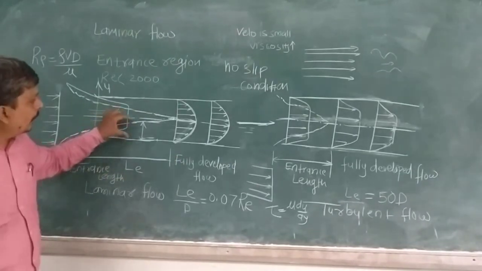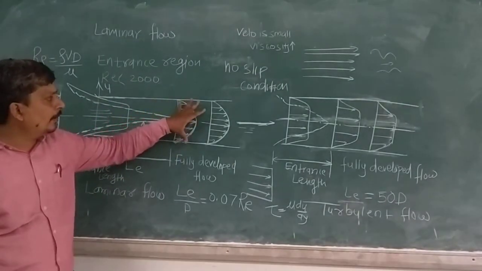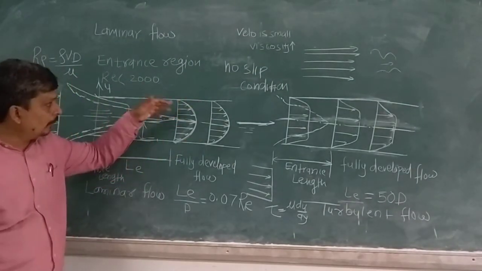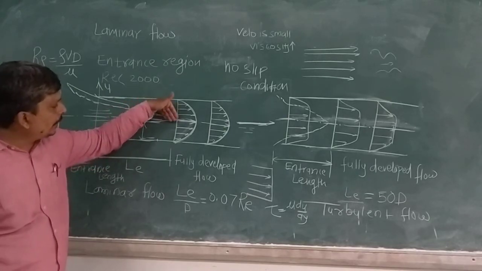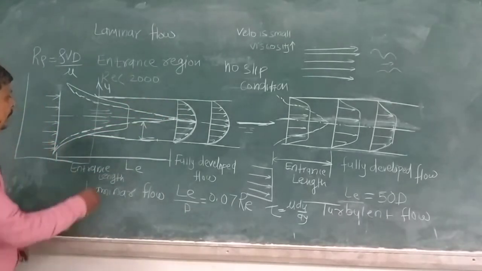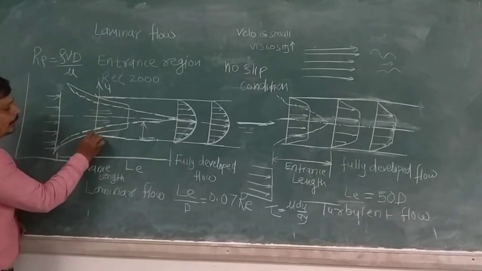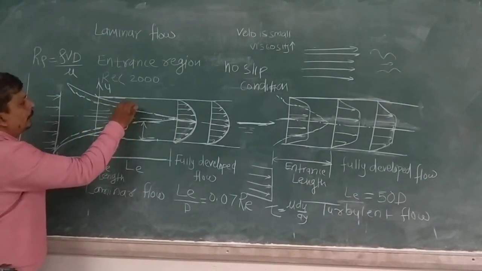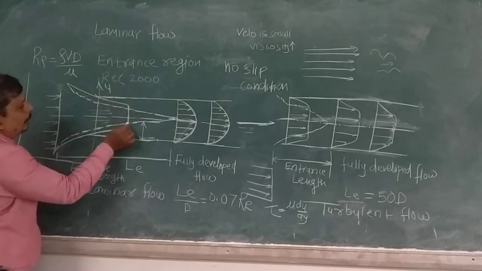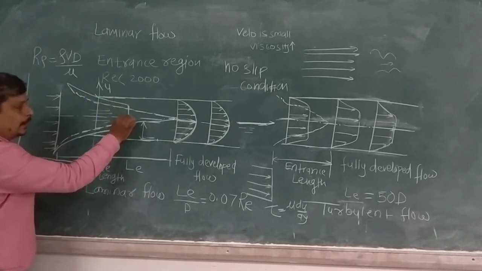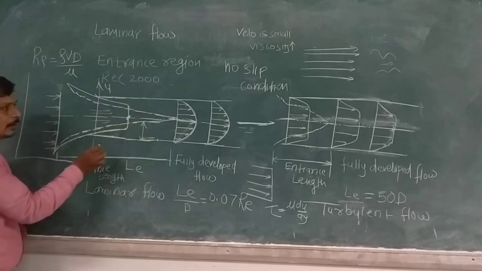Thereafter there is no specific boundary layer from the two walls. Both will have converged at the center. So this shows the variation of the profile. Initially, the velocity profile will be like this. Maximum velocity is at the center, minimum velocity nearer to the wall.